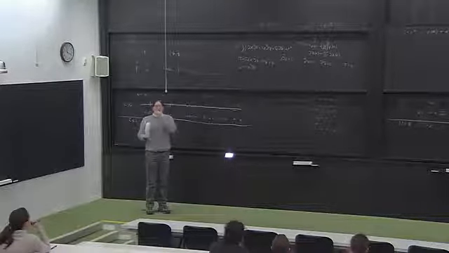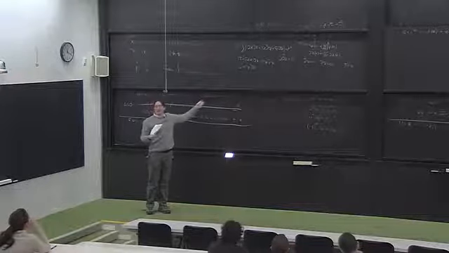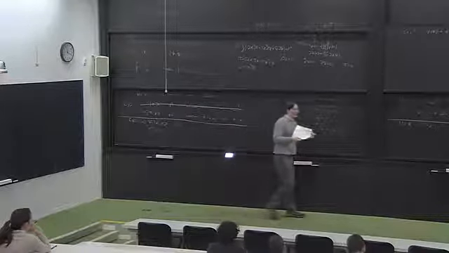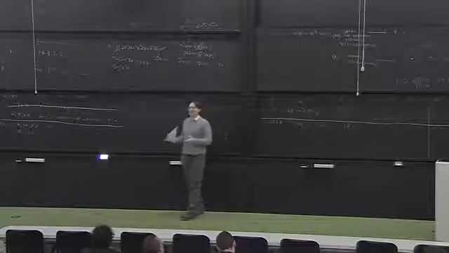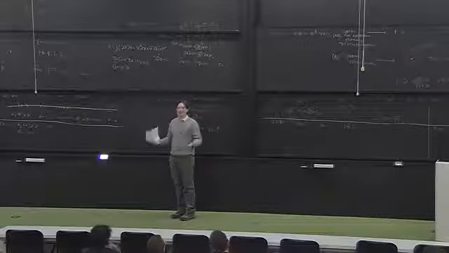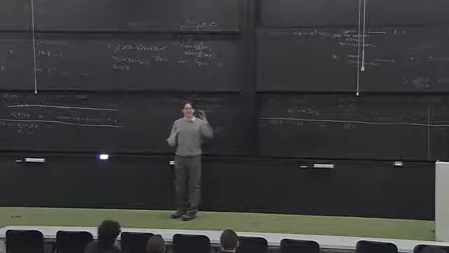It just happens that one of those objects becomes light when you turn off the coupling of your theory, and all the other objects become very heavy. And so there is some limit in which your theory can be described in perturbation theory by the dynamics of these light objects, which are the strings.